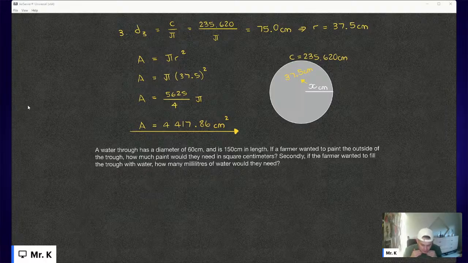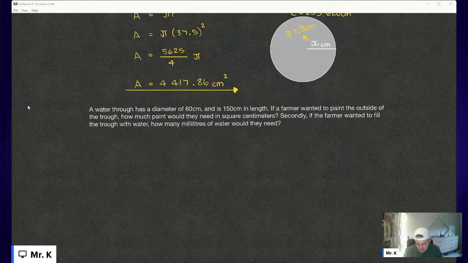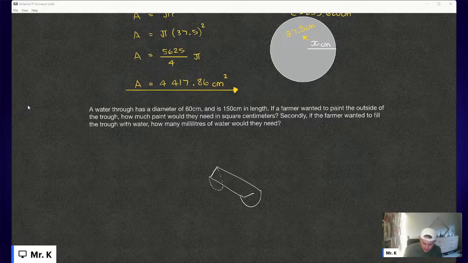Now, there's a lot going on in this question already, but there's a lot that I'm going to quickly explain to you guys. What is a water trough? A trough is one of these cylindrical or semi-cylindrical shapes you see that is full of water, and it's what a lot of your herded animals will drink out of, right?